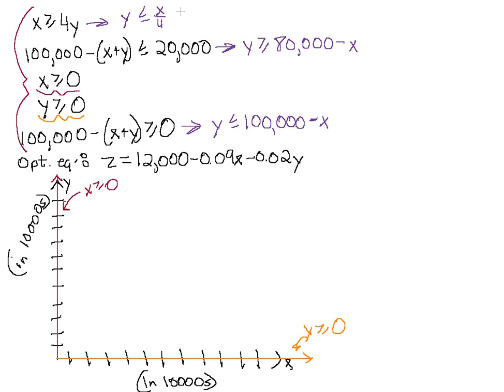So let's take a look at the next one. Let's go ahead and rewrite this as y is less than or equal to 1/4 x, which I like using because it clearly defines what our slope is. So when x is equal to 0, y is equal to 0. This line is going to start right here, and it has a slope of 1/4. So we're going to go up 1 and over 4.